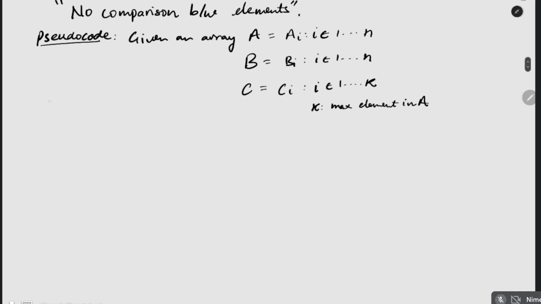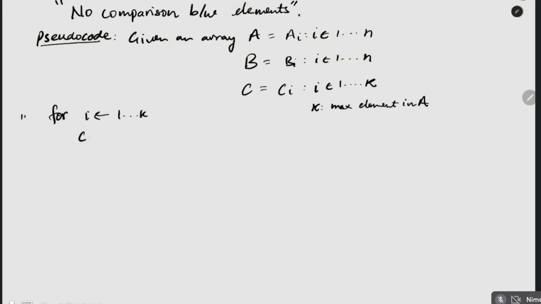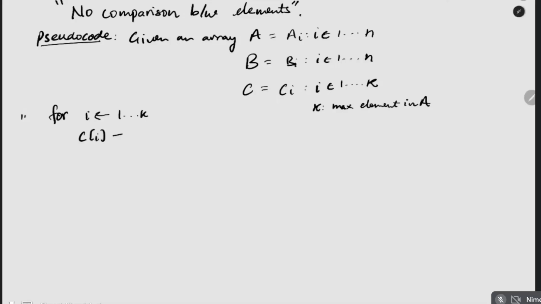And the pseudocode for it goes like this. So start with i going from 1 to k. So this is primarily just to initialize the auxiliary storage with 0, right?